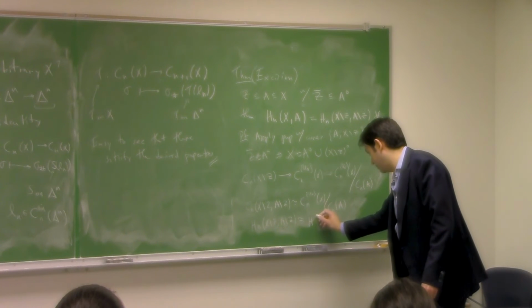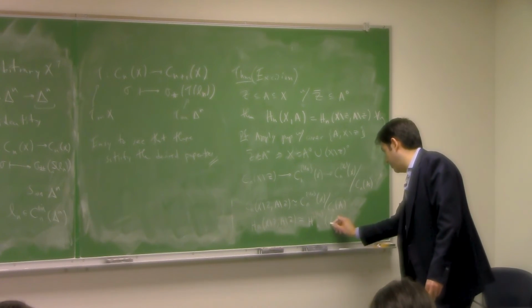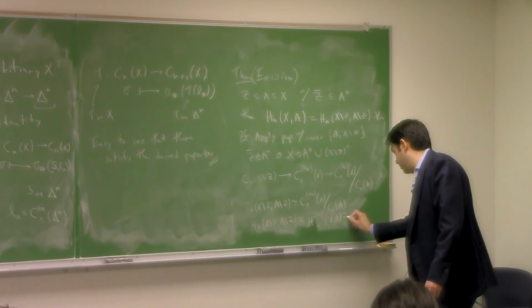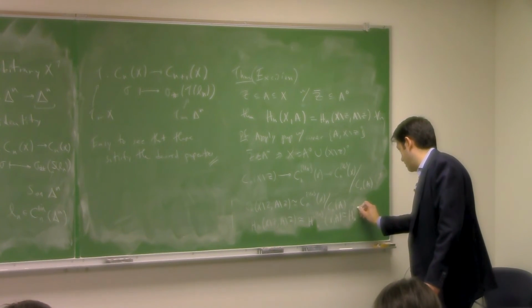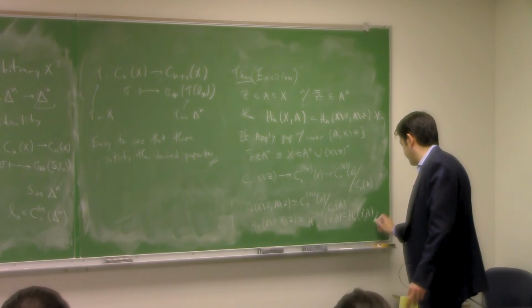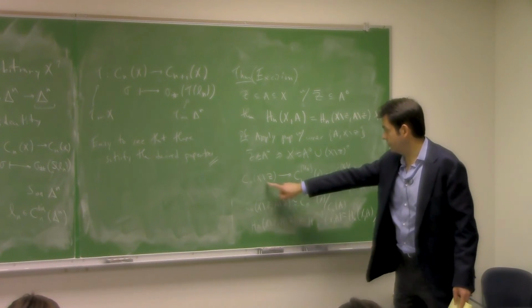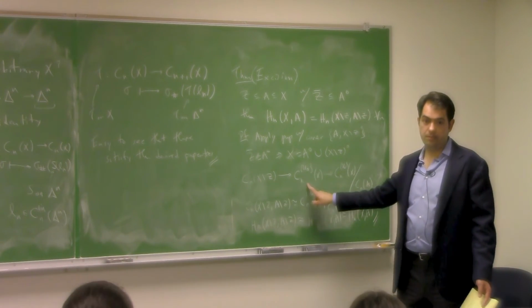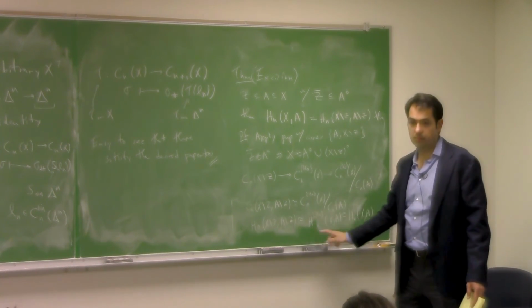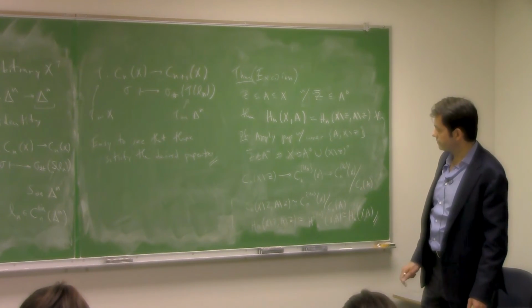But in any case, this is going to be H_n of U_alpha of X comma A. And what we've proven is that this is H_n of the union of the U_alpha of X comma A. Right? And the map is just the inclusion here, induced by the inclusion.